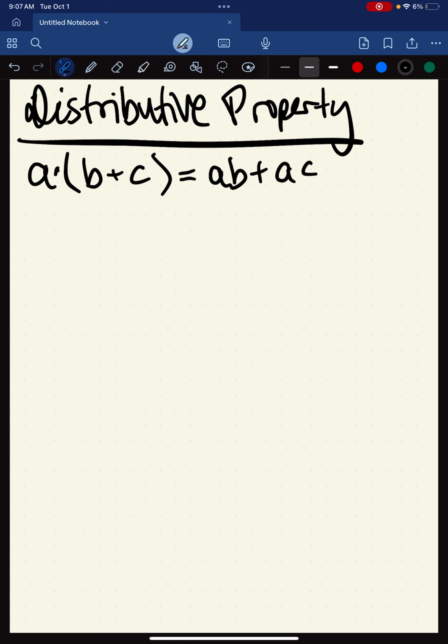So you've probably seen this before. I really like the example used in Lumen, and that is if I want 3 tacos and 1 drink, and I want 2 orders of that, then intuitively, if I say I want 2 orders of 3 tacos and 1 drink, you know that we're going to need 6 tacos and 2 drinks.